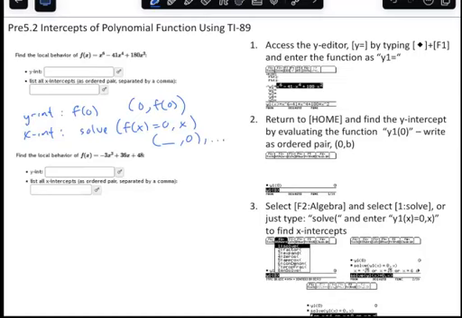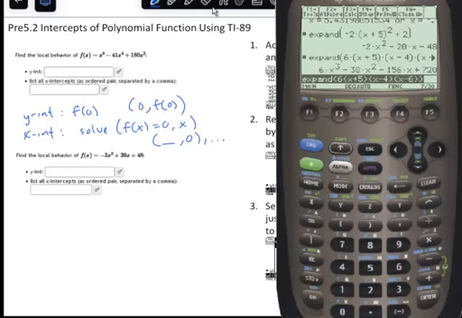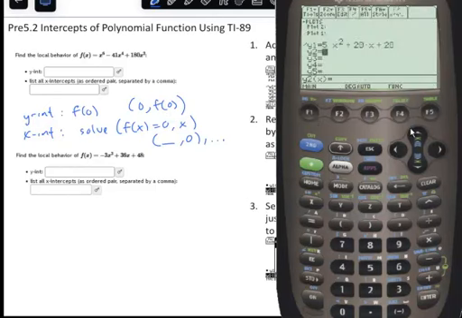Okay? And so the process, what this would look like here, because I'm going to do 2 operations to the same function, to me it's worth my time to go ahead and put that into my y editor. So I'm going to take this equation, x to the 6th minus 41x to the 4th plus 180x squared, and enter that whole thing in my y editor.